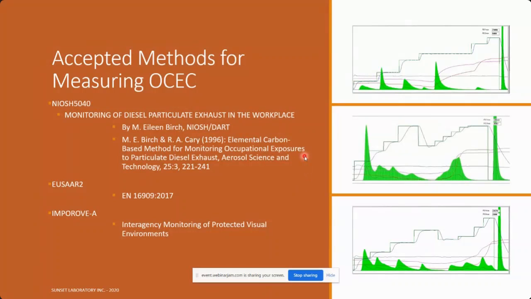Within these methods, there are different decisions made for the maximum heat to go to, the way that decisions are made to proceed to the next temperature steps, and also how the thermal optical split is made. Most notably, the IMPROVE method uses a reflectance technique. The European and NIOSH methods use a transmittance technique.